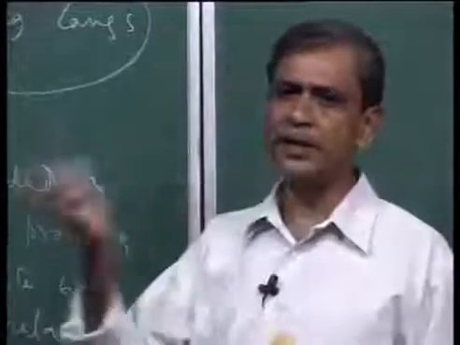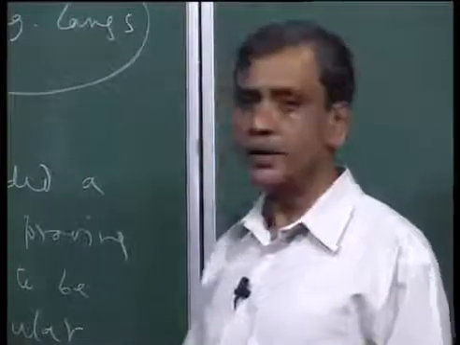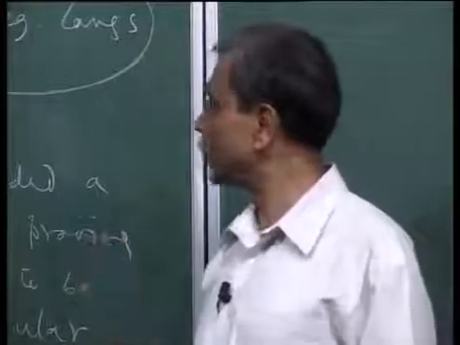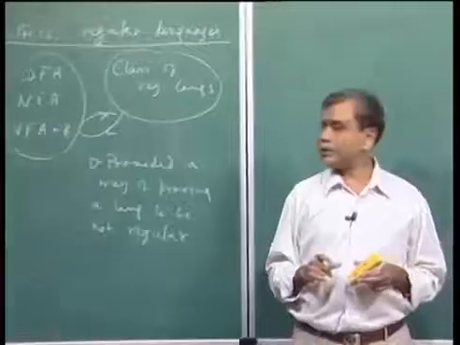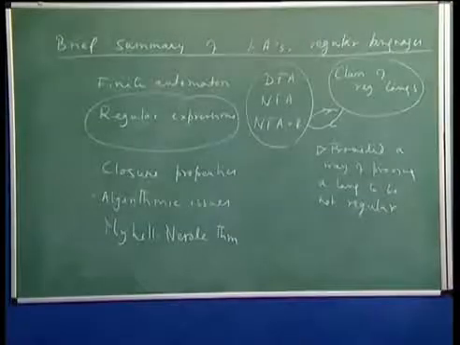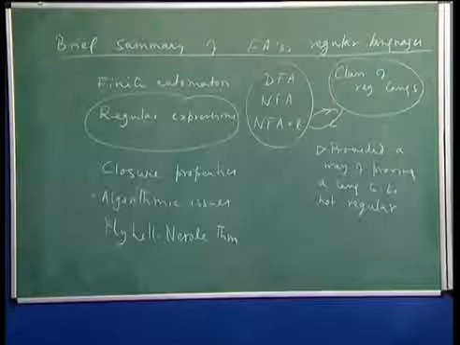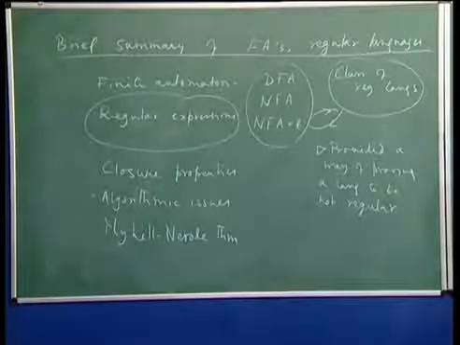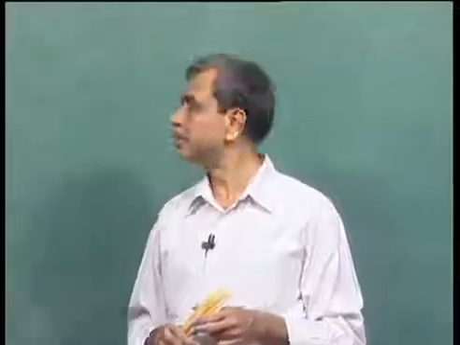In fact, that ties up with a big issue in computer science theory. We will not talk about it now. One final point I would like to say is that whatever we have learned, finite automata and regular languages, are extremely useful in all kinds of branches of computer science.